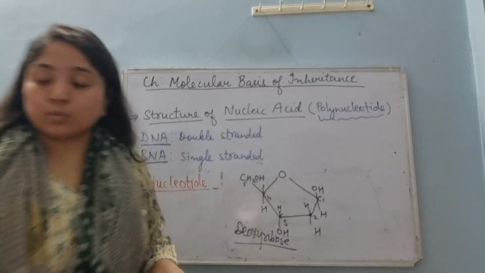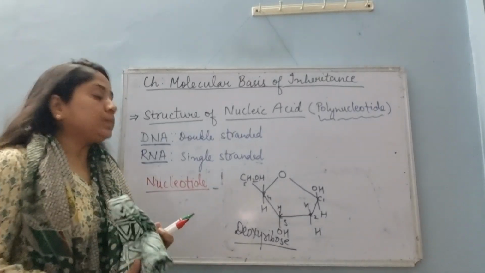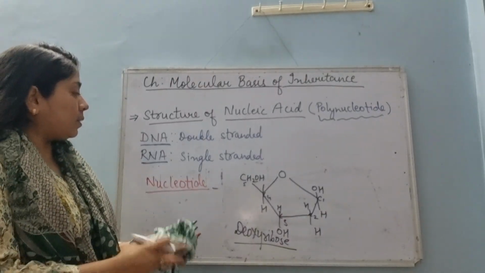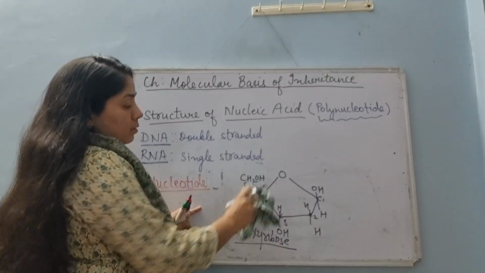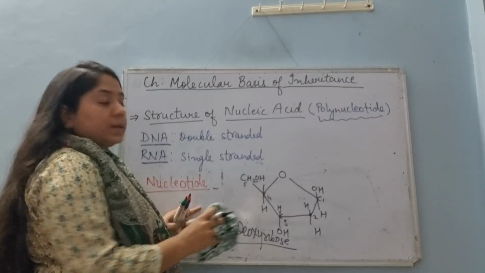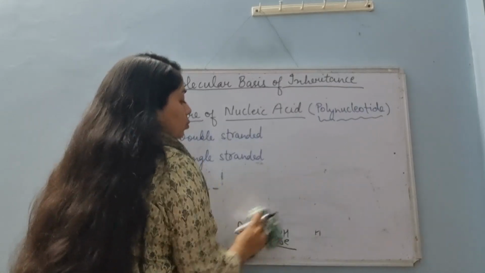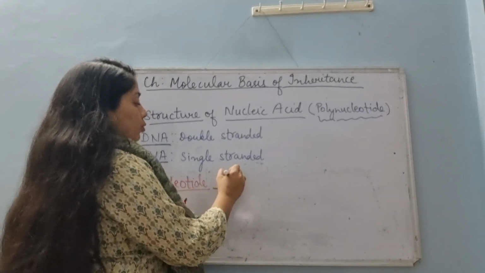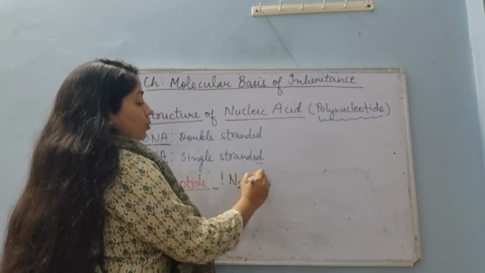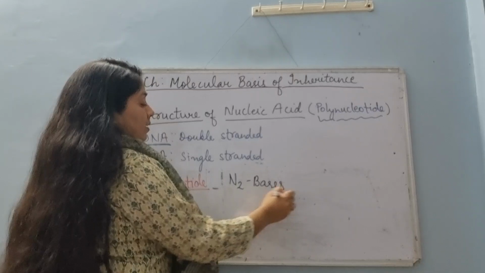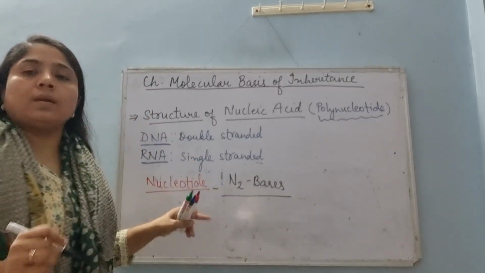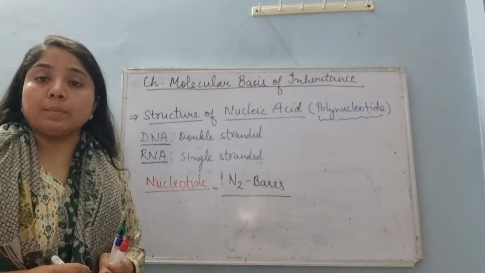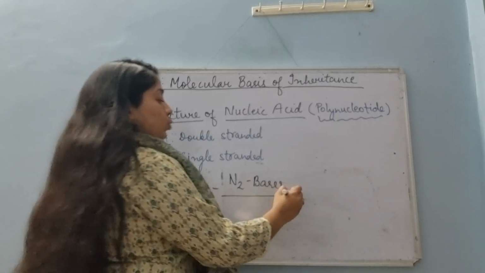Now we will switch to the second composition, that is nitrogenous bases. This sugar, I hope it is clear. So we will move to the second component, that is nitrogenous bases. Nitrogen containing bases, nitrogen containing compounds. So these are also of 2 types.